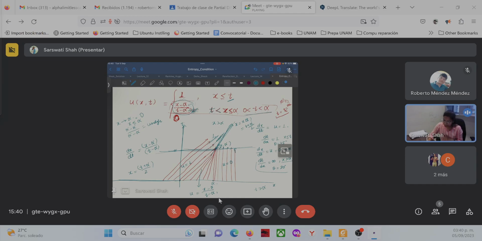So beyond this line, when x is less than or equal to (t plus alpha) by 2, the solution is 1, and when x is greater than (t plus alpha) by 2, the solution is 0. This part is elapsed because in this region this part converges to the point alpha comma alpha.